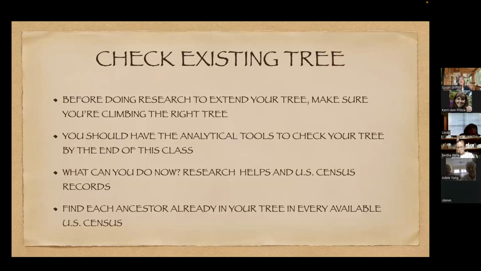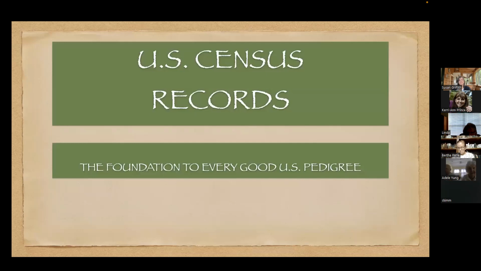But for anybody that has U.S. ancestors, it is really imperative that you find them in every available U.S. census. I think every genealogist will agree that U.S. Census records are the foundation to every good U.S. pedigree.